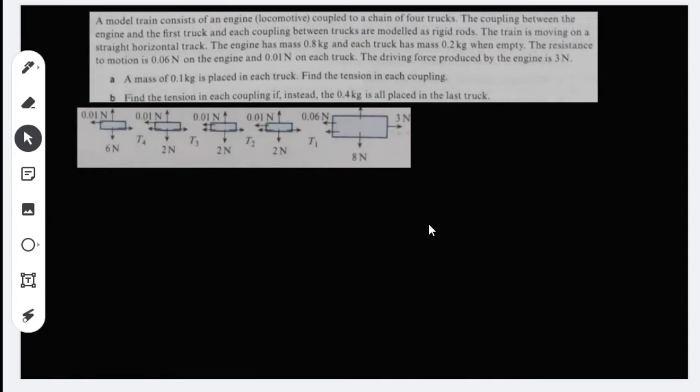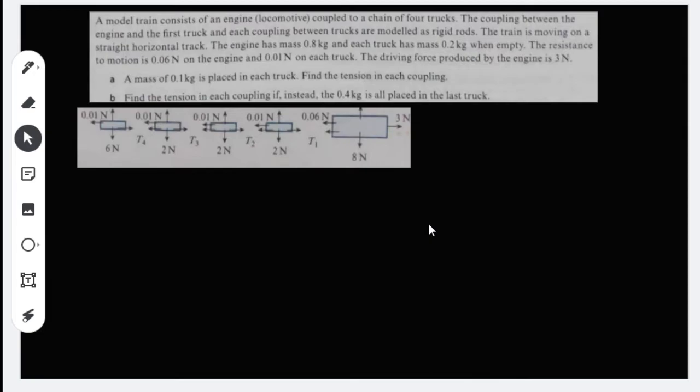Based on the problem, the 0.4 kilogram will be placed on the last truck. So the first three trucks have the same weight, 2 Newton, because their masses are the same, only 0.2 kilogram.